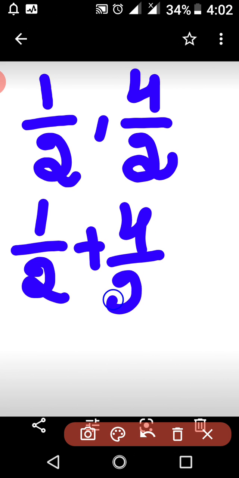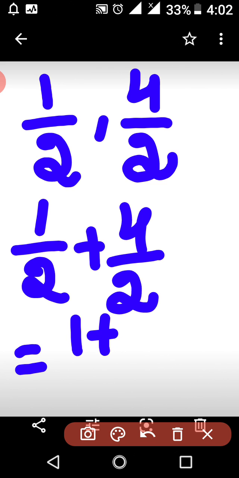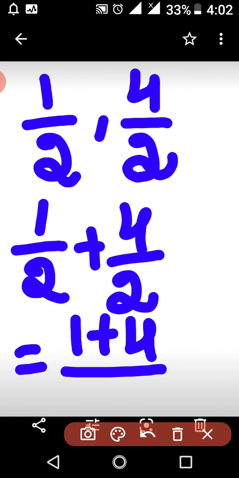4 by 2. Now simply, as the denominators are the same, we just add the numerators. 1 plus 4 by, write the common denominator one time only. Here don't write 2 two times in the denominator because we are going to share a fraction, nothing but sharing some part.